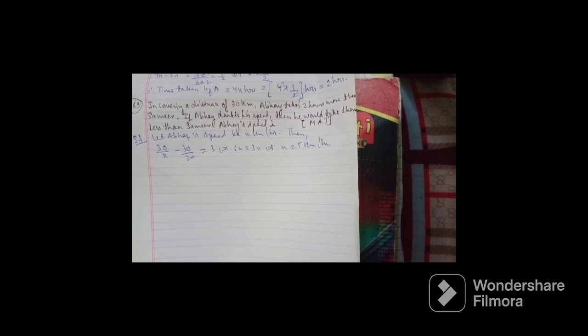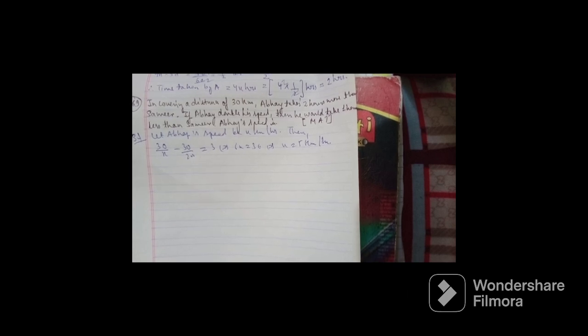The time ratio to reach B by these persons will be? The options were 4:3:5, 5:3:4, 15:9:20 and 15:20:12. So we go for the same.